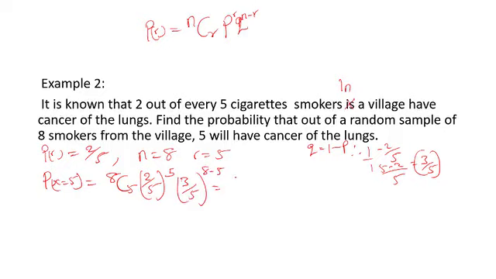So this is equivalent to 8 factorial over 5 factorial times 8 minus 5 factorial, as we expand the combination, times 2 over 5 raised to the power 5, times 3 over 5 raised to the power 8 minus 5, which is 3.